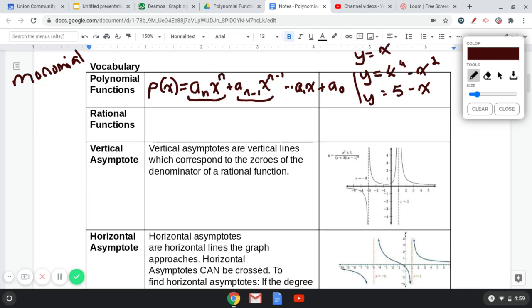One thing that is important that I didn't tell you, these n's have to be whole numbers. Okay, I should say n is a whole number. How about that?